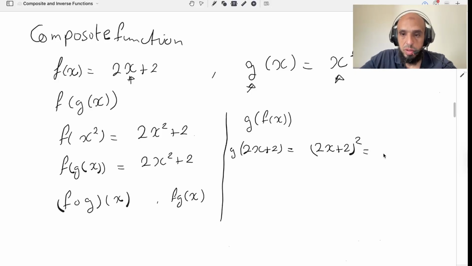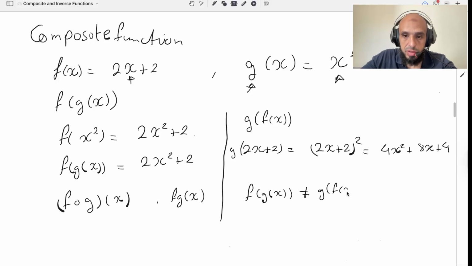So it's going to be 4x squared plus 8x plus 4. Now you notice that f of g of x is not equal to g of f of x. So the order of the application of functions differs in the final output.